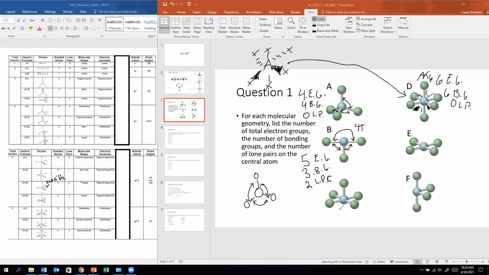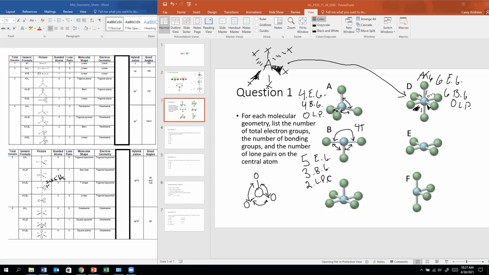For C, you can see there's an obvious space missing here in the bottom where something should be, but we can't see it, which means that space is taken up by a lone pair. So now our job is to find an image that looks like this, and that would be Ax5E.